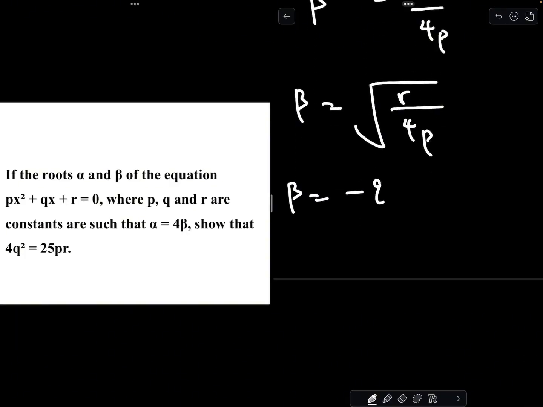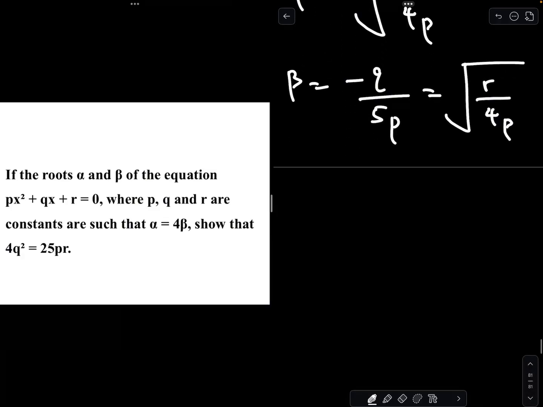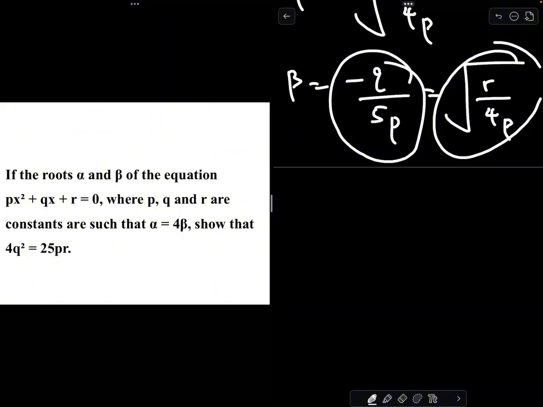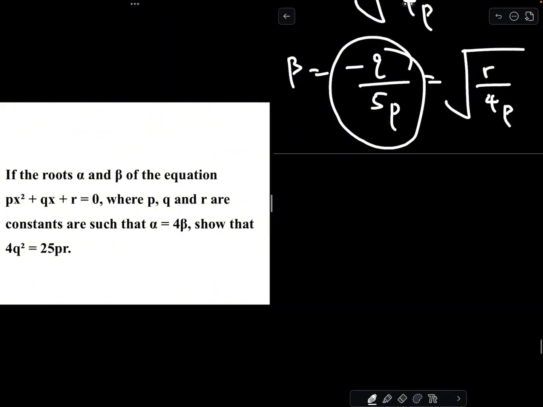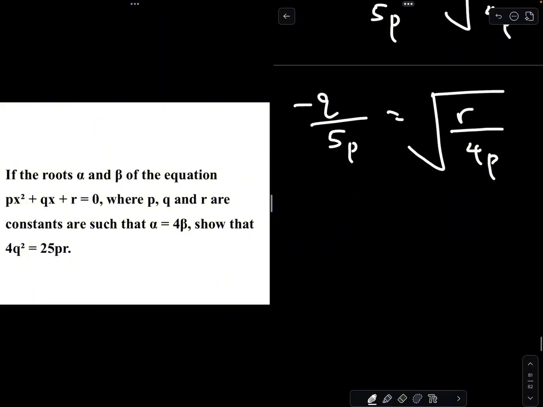Beta equals minus q over 5p, and that same beta is also equal to the square root of r over 4p. So that therefore means minus q over 5p is equal to the square root of r over 4p.